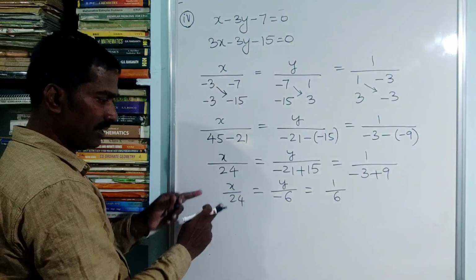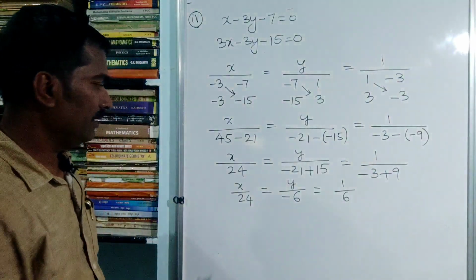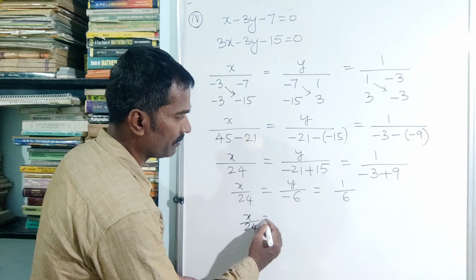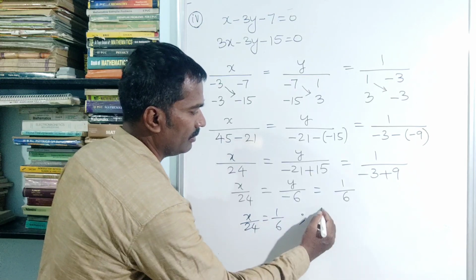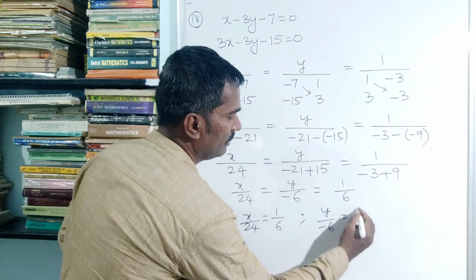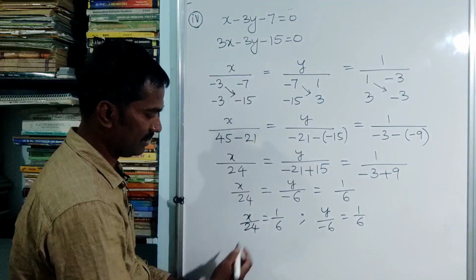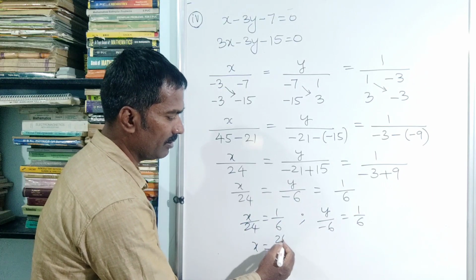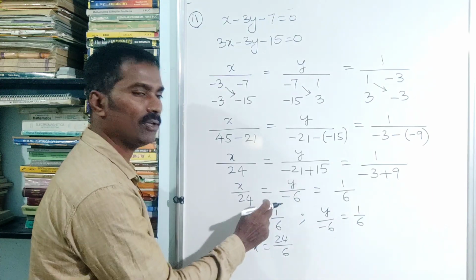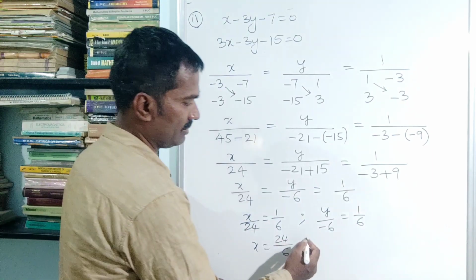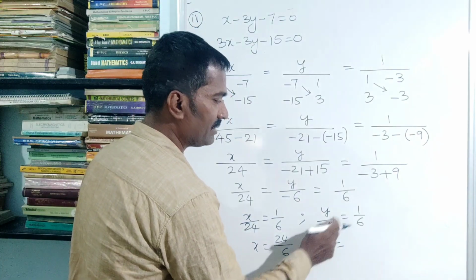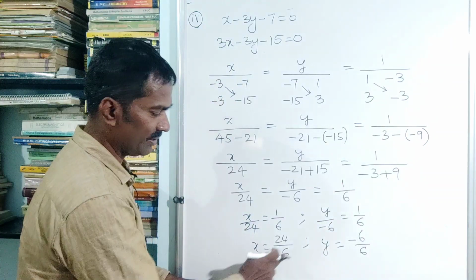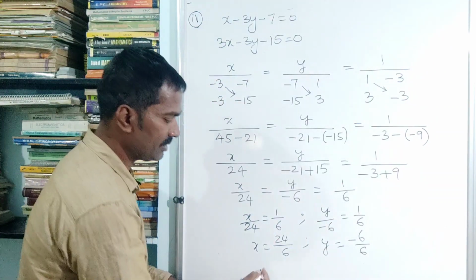Now equate. x by 24 is equal to 1 by 6. y by minus 6 is equal to 1 by 6. So x is equal to, we can take 24 to the right side, 24 into 1, 24 divided by 6. y is equal to minus 6 divided by 6, minus 6 into 1. 6 ones are 6, 6 fours are 24.